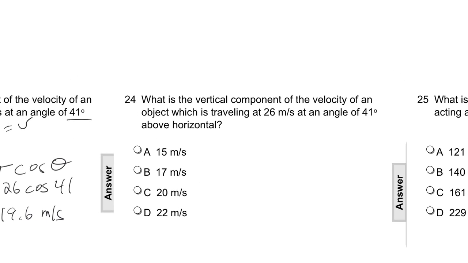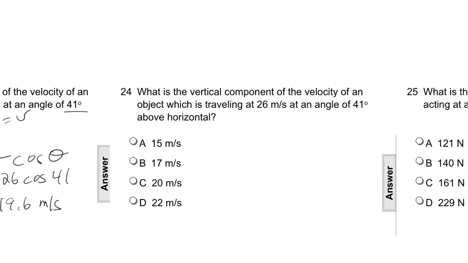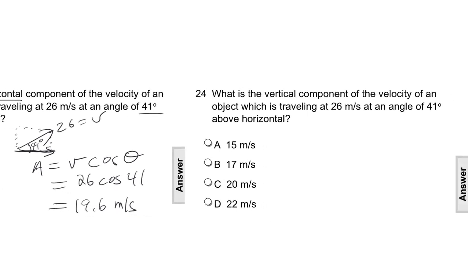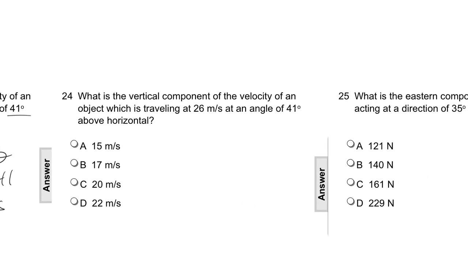What's the vertical component? Same idea. Okay, so 26 meters per second is V. I'm looking for the vertical component this time. This is 41 degrees. I move this over to the other side and I realize that that's the opposite side.